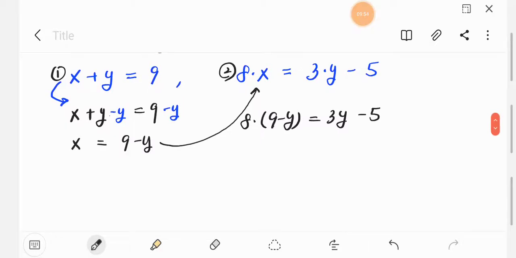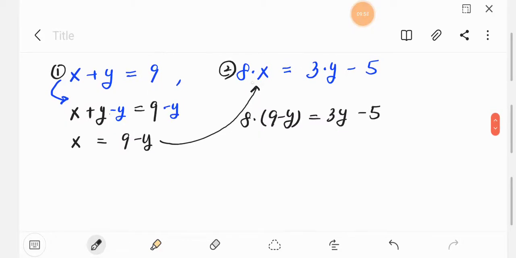So replace one of the variables, x or y, so that this equation will have only one variable. In this case, I'm going to replace x in terms of y. You got this x from the first equation, so rewrite the first equation so that it looks like x equals something, then replace x with this something in the other equation.